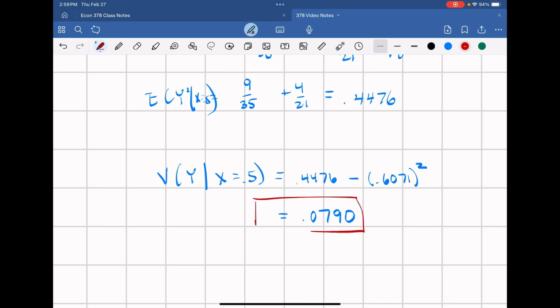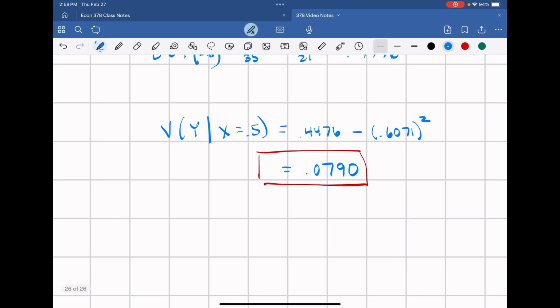That is our variance of y given that x is equal to 0.5. I could also take the next step to find the standard deviation of y given that x is equal to 0.5, by taking the square root of 0.0790, which gives 0.2811.